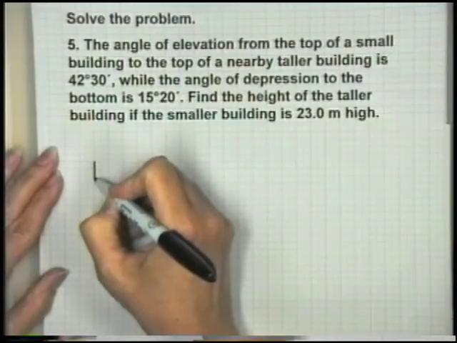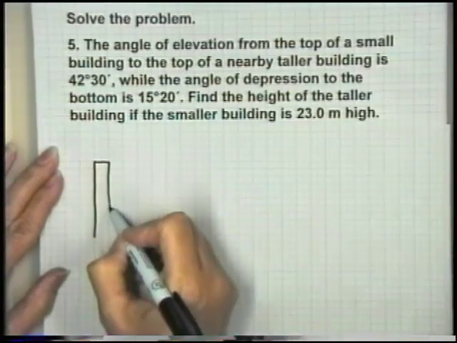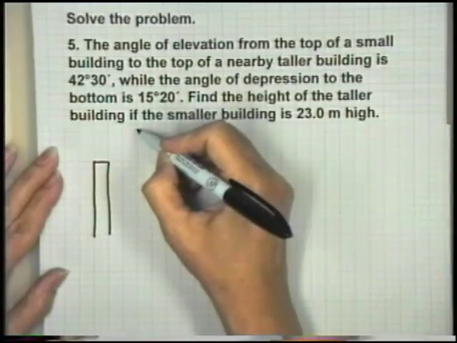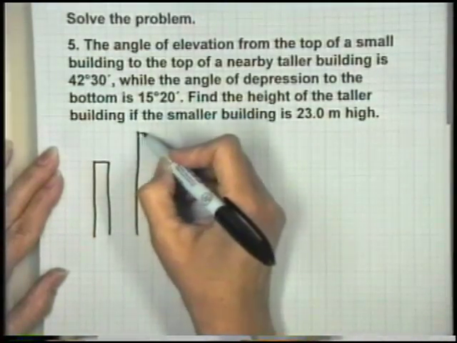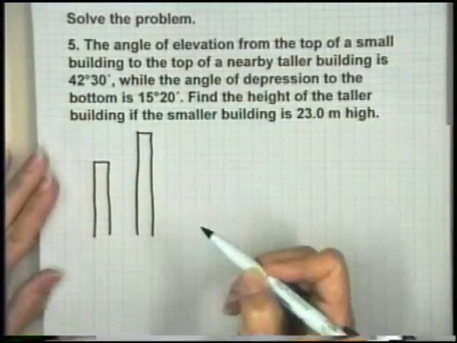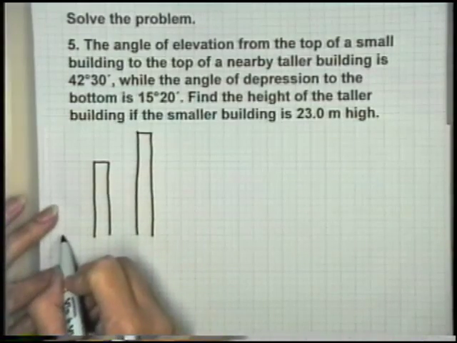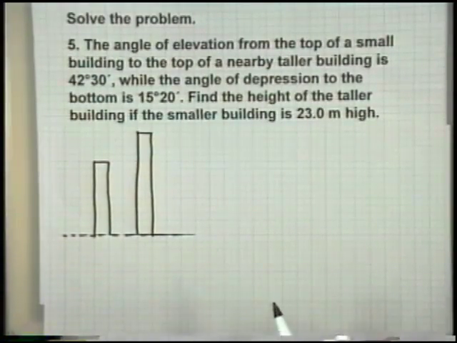So I'm just going to put a smaller building up here. This will be my smaller building, and I'm going to draw a taller building. And I think I'll draw my ground down here, and that will sort of help me.